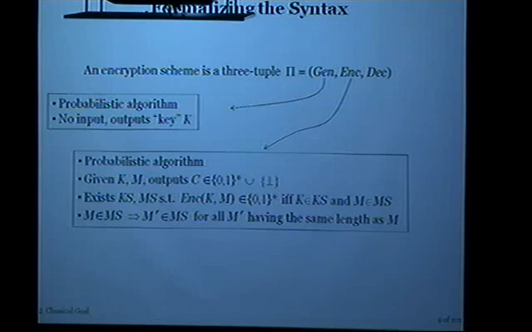It's important for this formulation that I allowed the ciphertext produced by this algorithm to be this designated "I won't encrypt this input" output. In order for this to make some kind of semantic sense for us, what I would like to demand is the existence of a key space, KS, and a message space, MS, such that whenever we encrypt with a key k drawn from the key space and a message m drawn from the message space, we get back a string. And conversely, if we feed something not from the key space and not from the message space, we get back this distinguished bottom symbol.